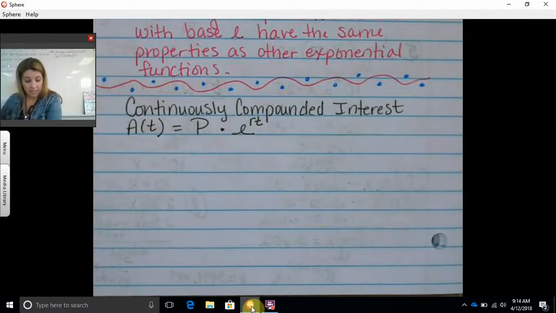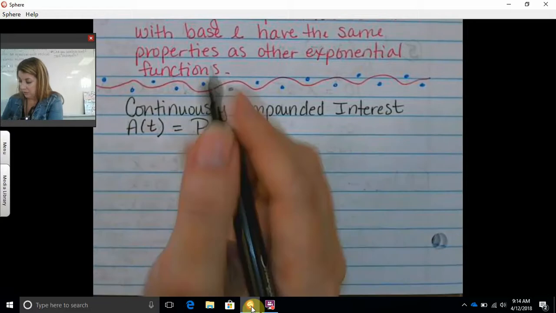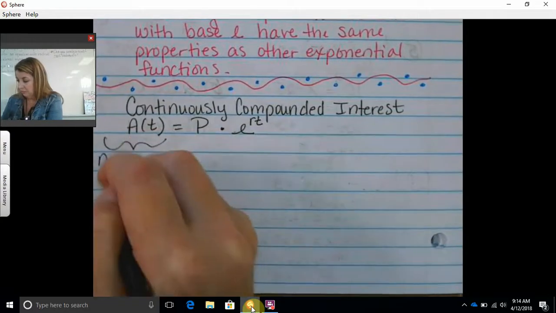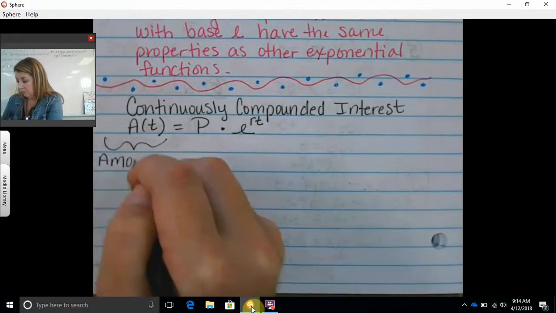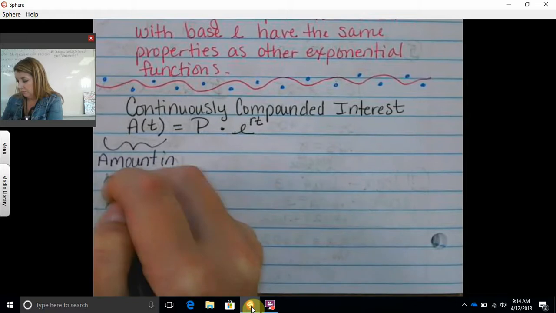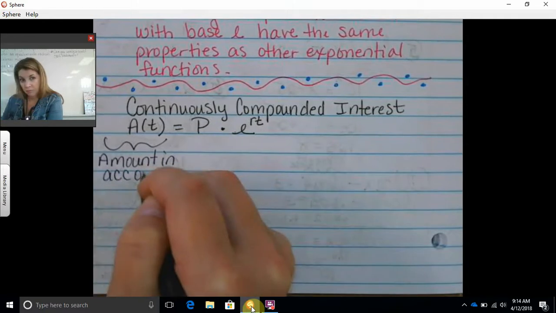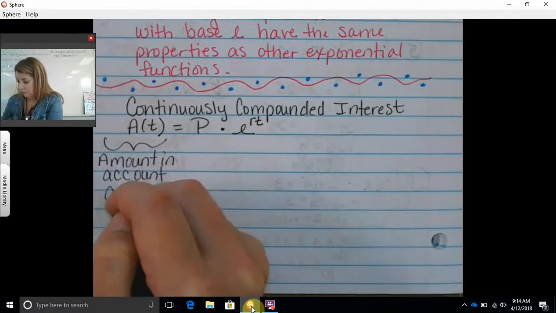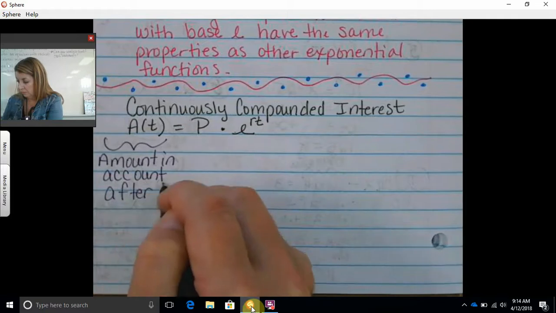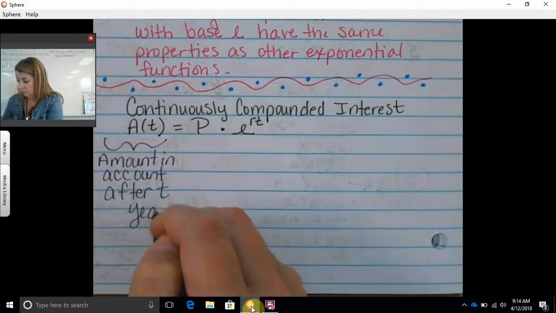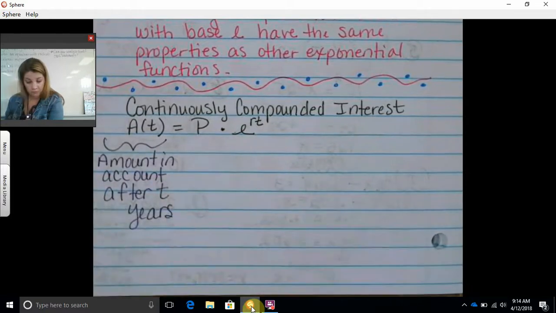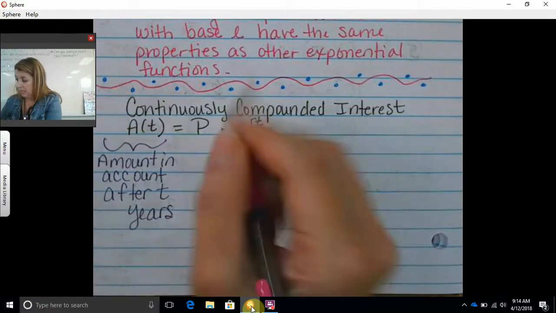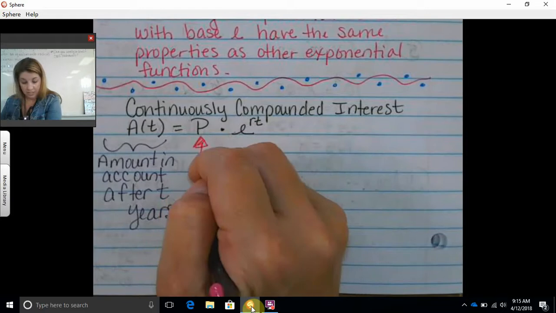So A of t is the amount in the account after t years. P is the principal.